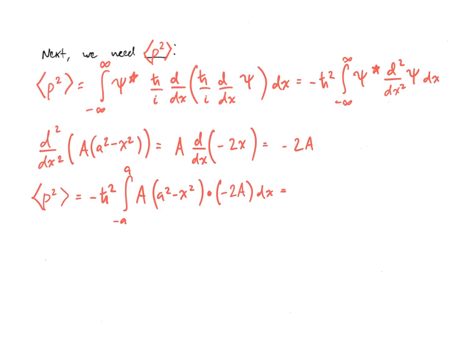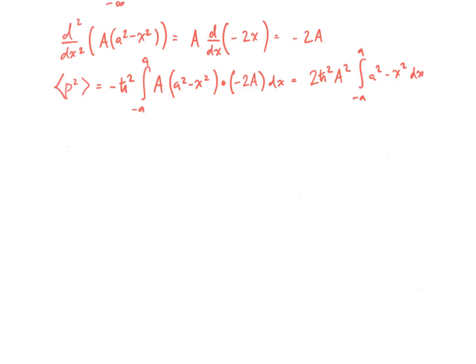And I can pull out the negative 2 and the big A squared, and I'm just left with 2 h bar squared A squared, integral from negative a to a of a squared minus x squared dx.